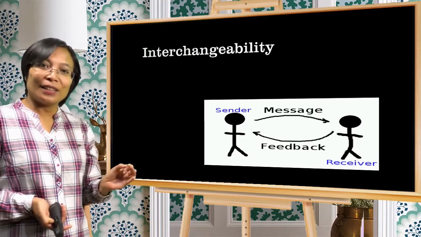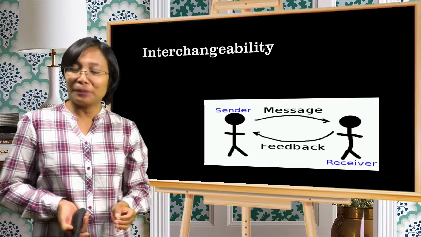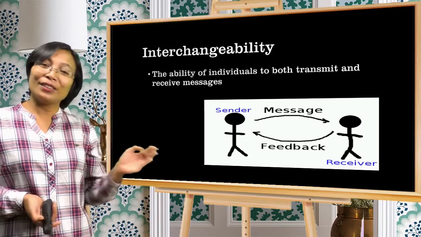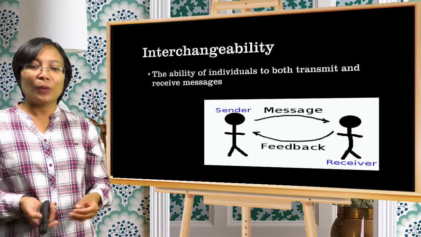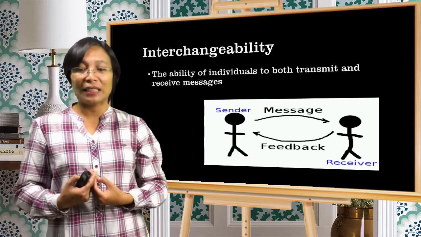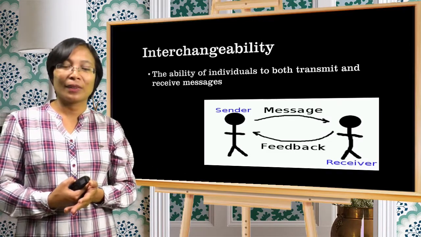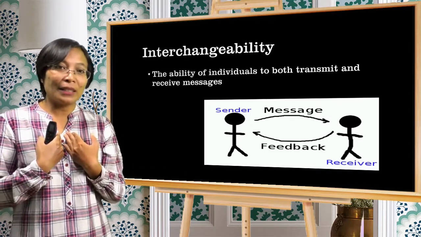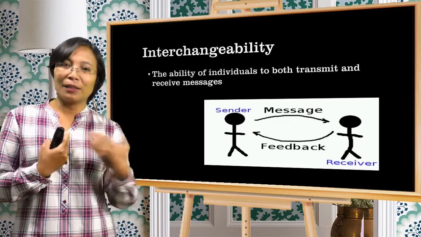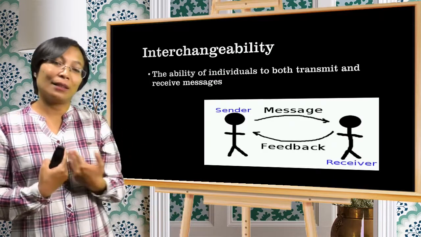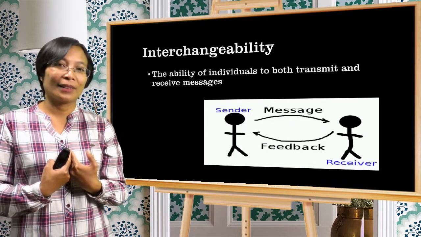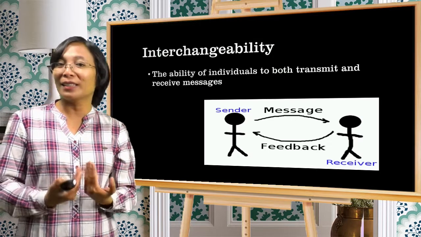So what does interchangeability mean? Interchangeability means that we have the ability to transmit and to receive messages. I might be the sender, but at a different time, I will be the receiver. I do hope that it is clear enough.